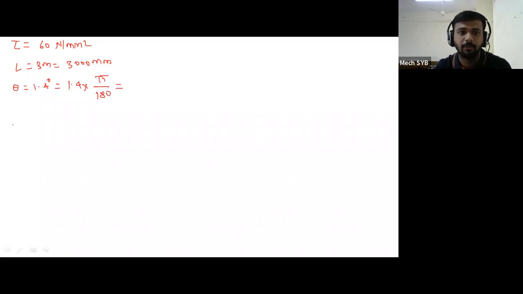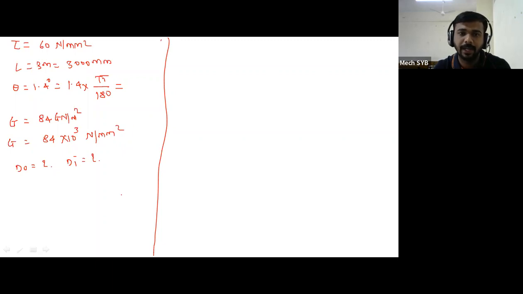converted to radian. G is equal to 84 giganewton per meter square, means it is also gigapascal. Therefore, G is equal to 84 into 10 raised to 3 Newton per mm square, and we have to calculate DO and we have to calculate DI.